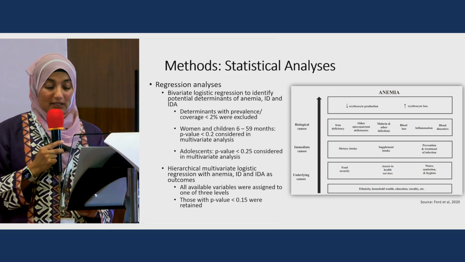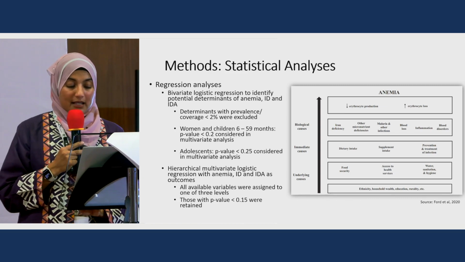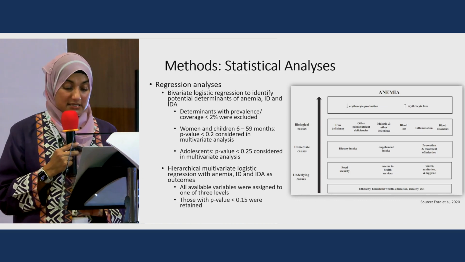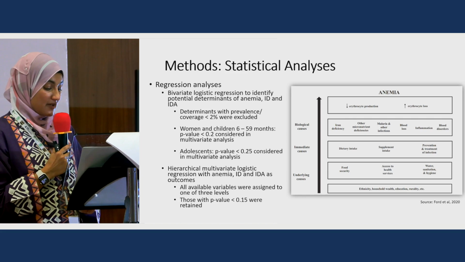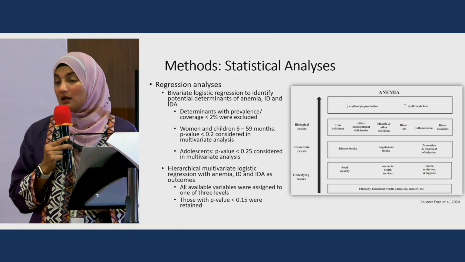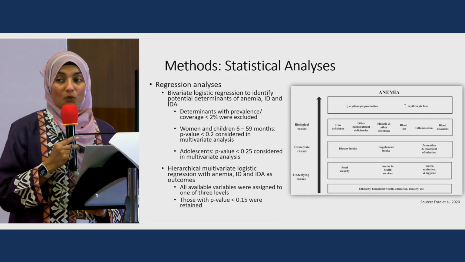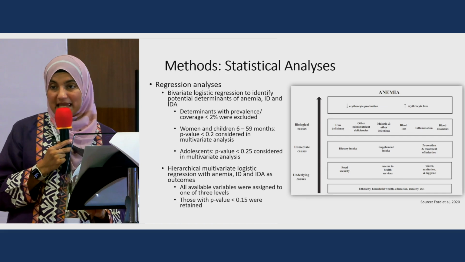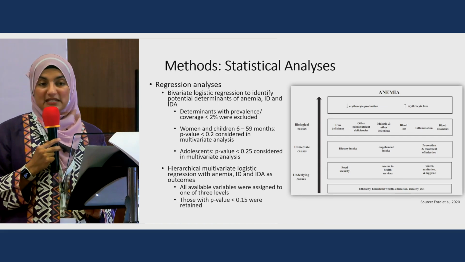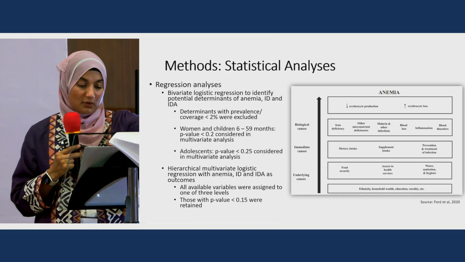And finally, the third level is where we included biological causes, such as iron and other micronutrient deficiencies, malaria and other infections, as well as inherited blood disorders, which we had collected data on among women and children. Additionally, for a variable to be retained in the multivariate model, we defined statistical significance at a p of less than 0.15.